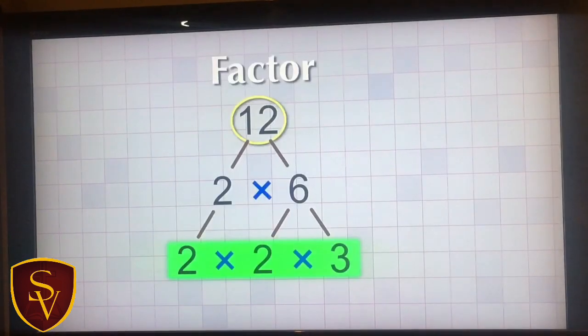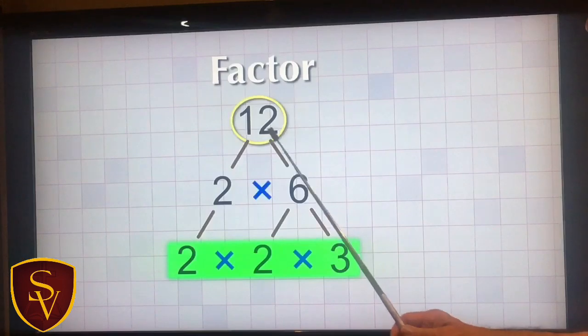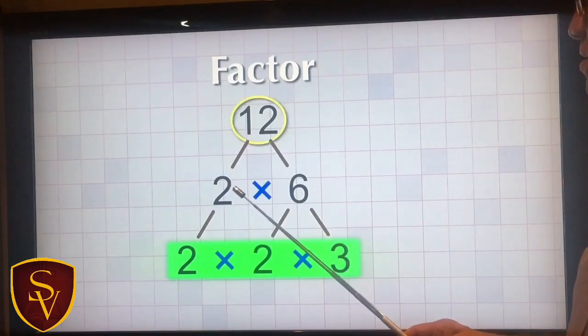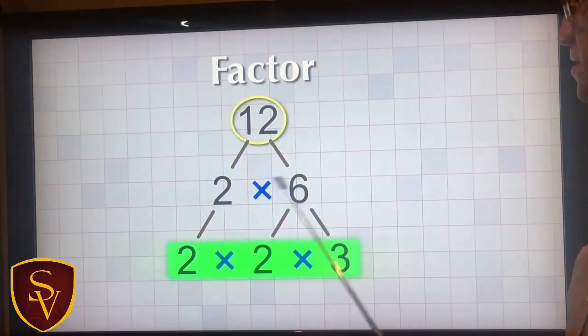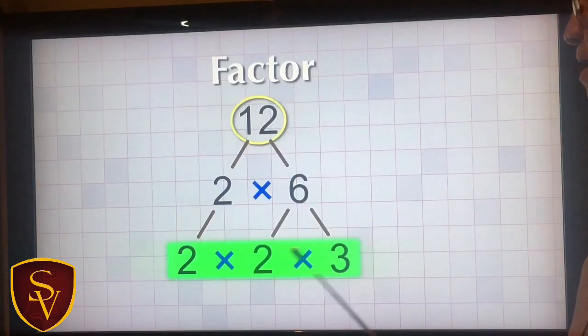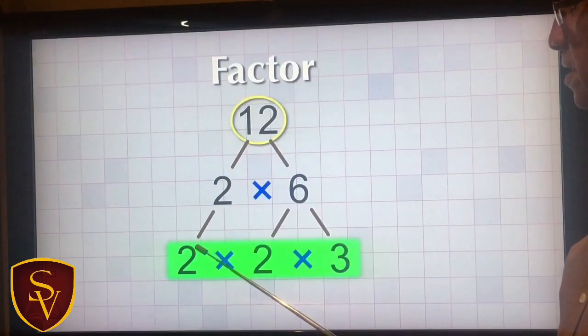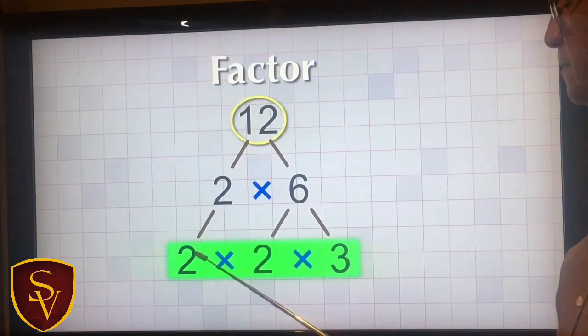As an example of a factor tree, if we have this number 12 that we have to divide into its main prime factors, we do the prime factoring by saying 12 could be a multiplication of 2 times 6. 2 times 6 is going to give us 12. 2 is a prime number that can only be divided by itself.